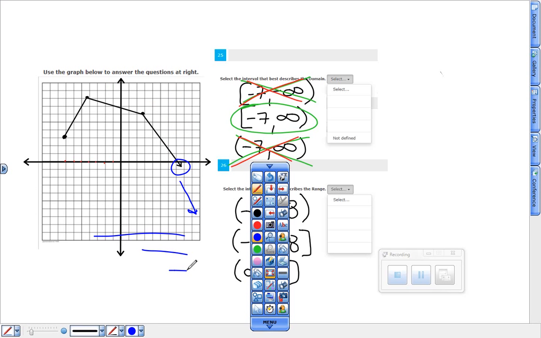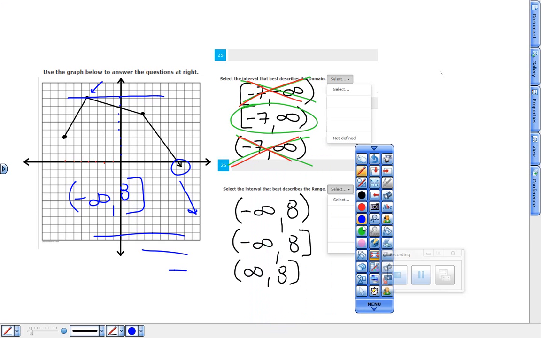So that would be -infinity if you're measuring from bottom to top up to the top part right here. 8, and that is square bracket because that's a solid circle up there. Only one that's good. This one has a rounded bracket to fake you out. This one has +infinity to fake you out. Last word is infinity.